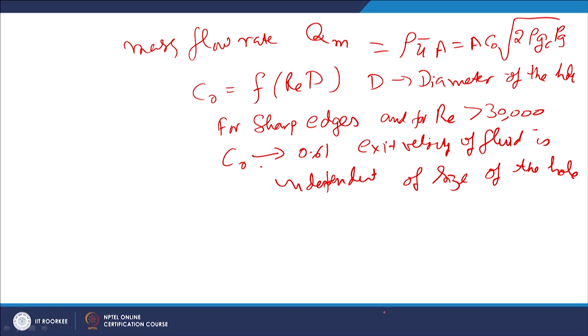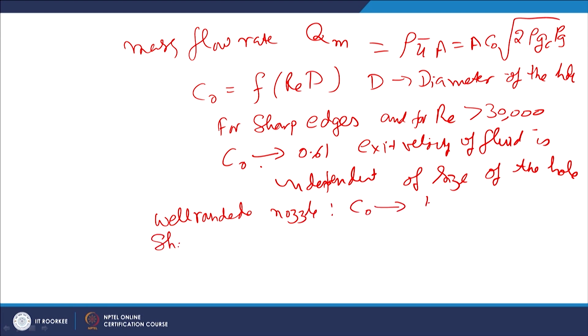So now we may list various different values of the discharge coefficient. For a well rounded nozzle, C naught tends to 1.